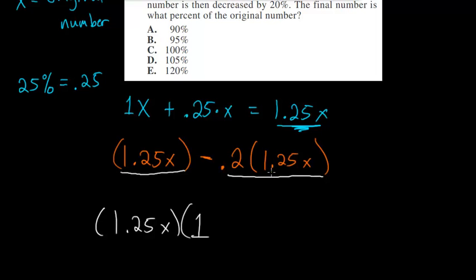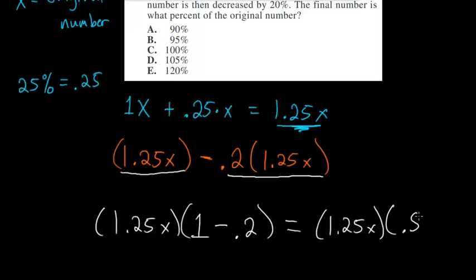And from here, once we pull out this 1.25x, we're left with just minus 0.2. And you can always test this by just redistributing and seeing if you get back the original expression. So with this, we have our 1.25x, and then 1 minus 0.2. If you put this into the calculator, what you get is 0.8.